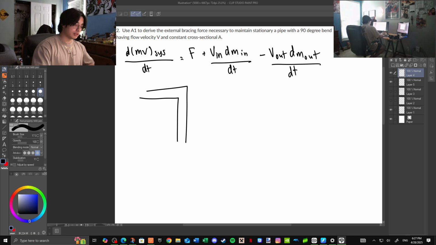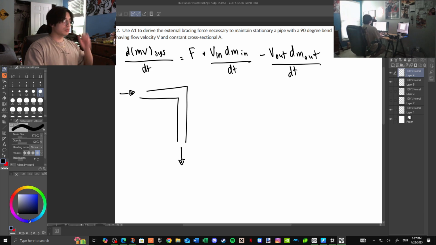What that means is we have fluid flowing into the pipe and then fluid flowing out. We need to find the force capable of keeping the pipe stable as this fluid is going through, and again it has a flow velocity of v and cross-sectional area of a, right?